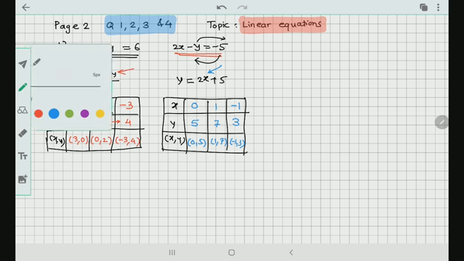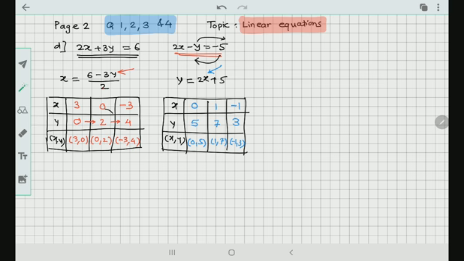Now let me draw its graph. So my y-axis, and then I have my x-axis.